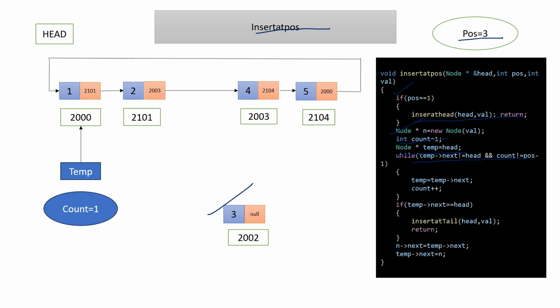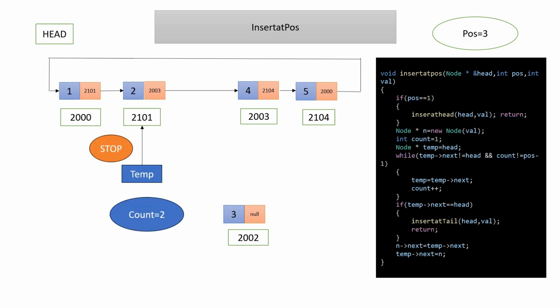So now our temp will point at our head, and initially our count is 1, and when we go inside our loop, our count will be incremented, and our temp will be temp next. So this is how we find the node where we need to insert our new node.